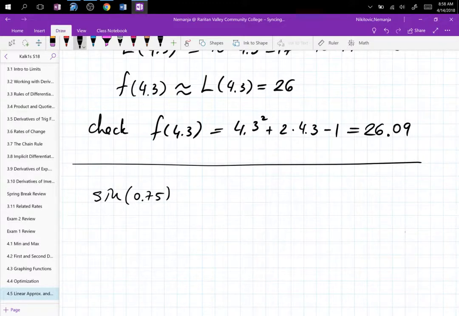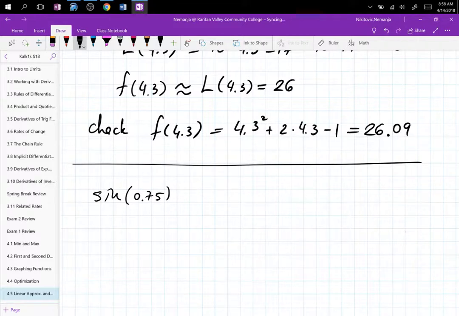When I say 0.75, that's clearly radians, because I didn't put the little degrees. Sine of 0.75 degrees, we can just call that 0, because that's less than 1 degree.